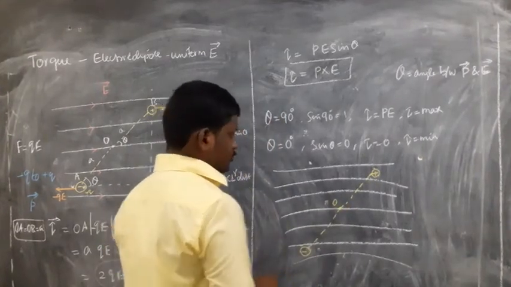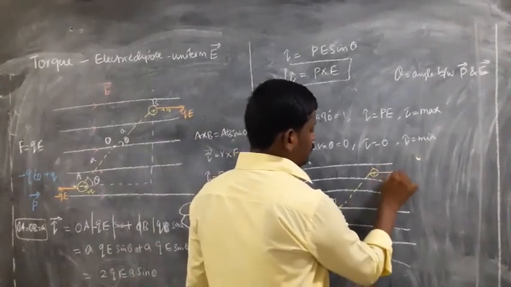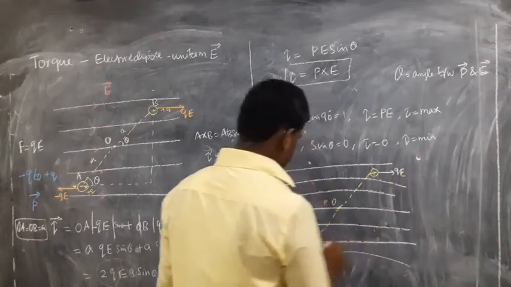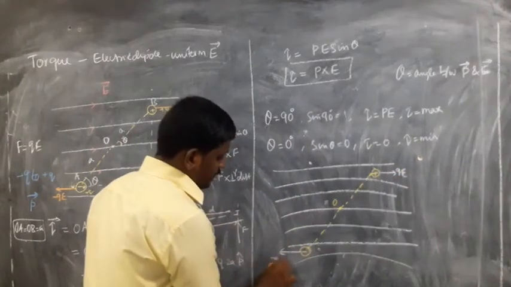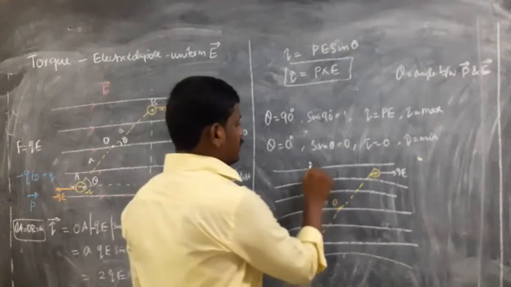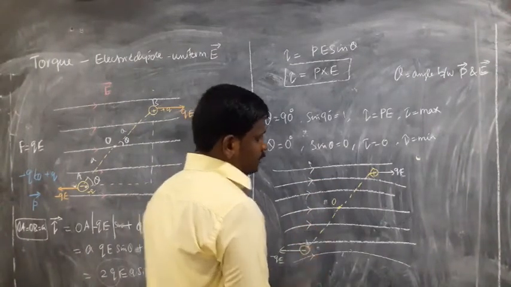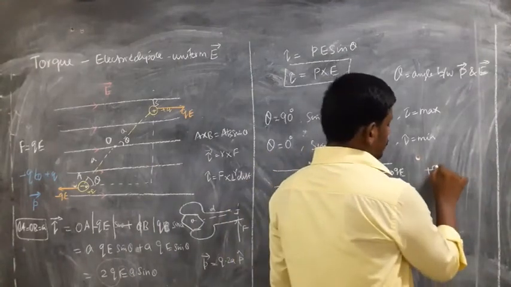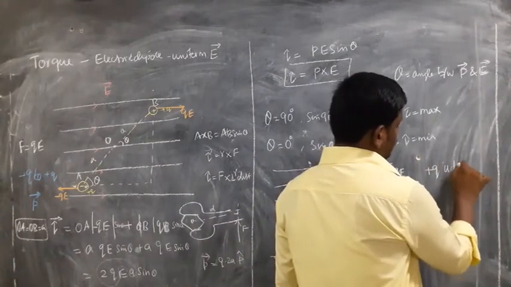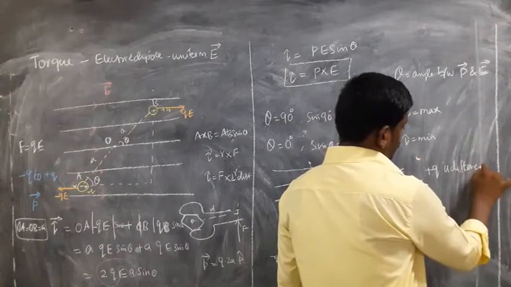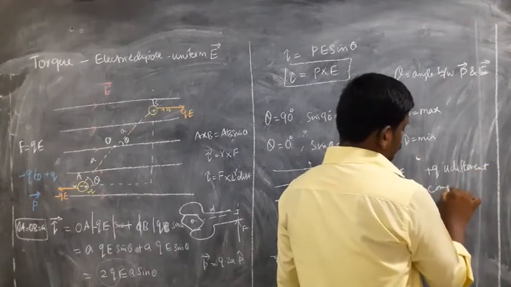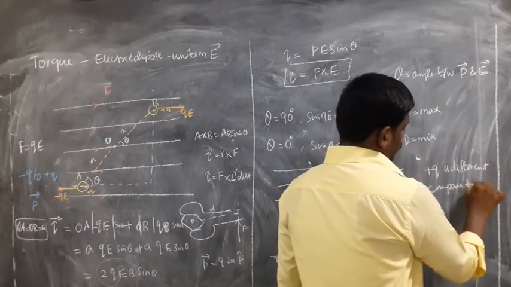The force due to the positive charge is qE, and due to the negative charge it's minus qE. Since it's a non-uniform electric field, the force experienced by the positive charge is different compared to minus q.